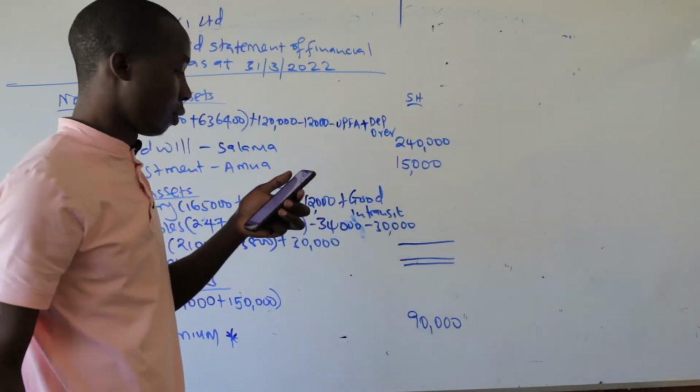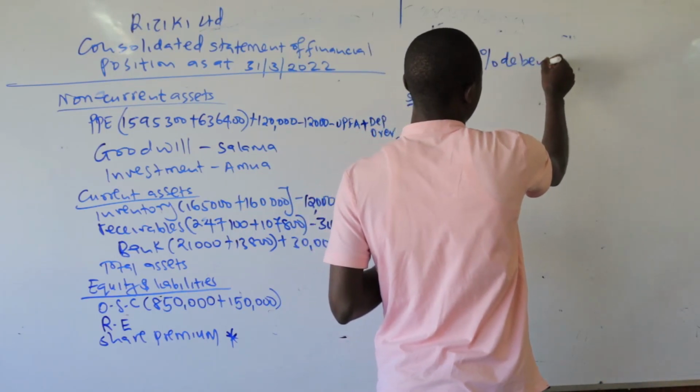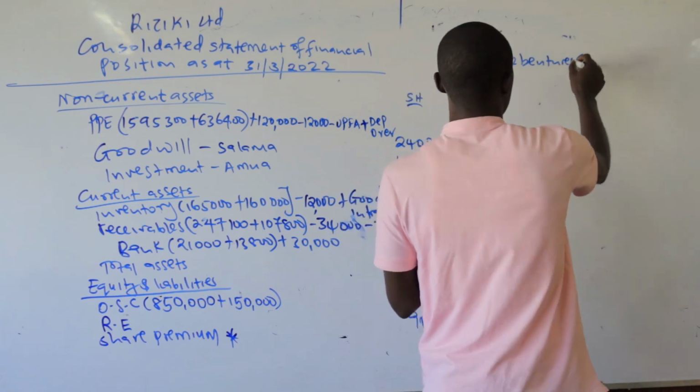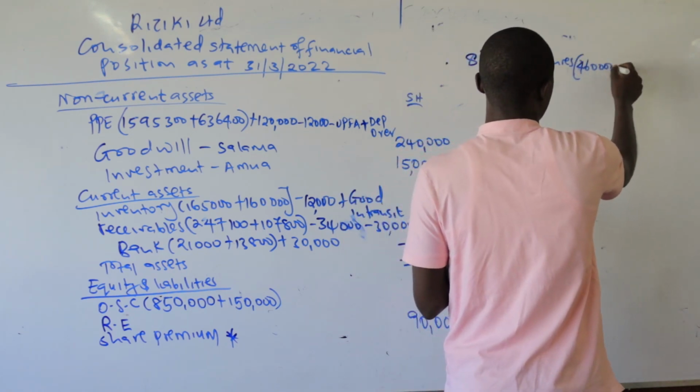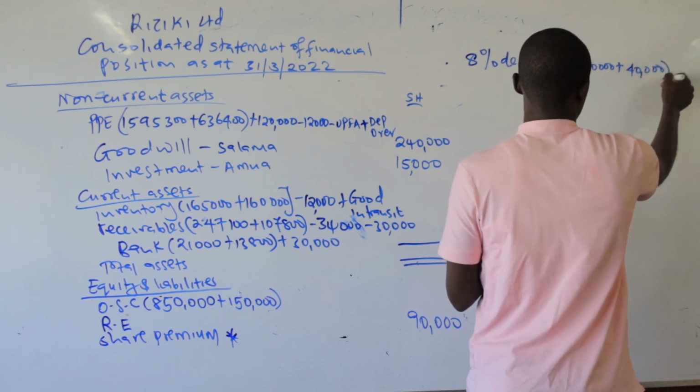Then we can go ahead and do the 8% debentures. The 8% debentures is 460,000 plus the 40,000.